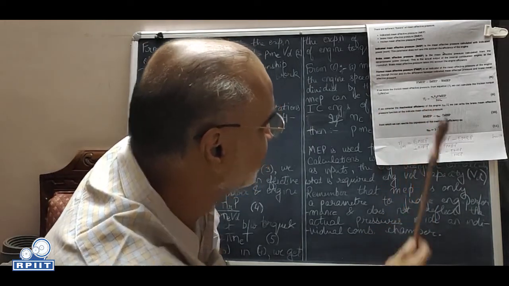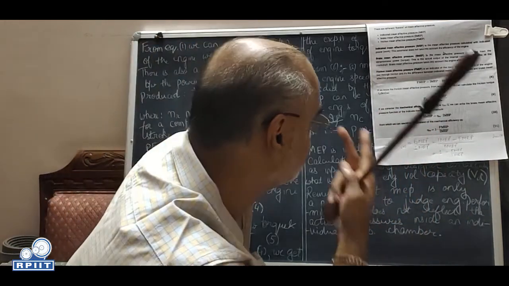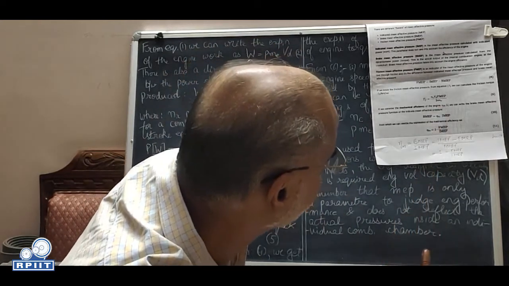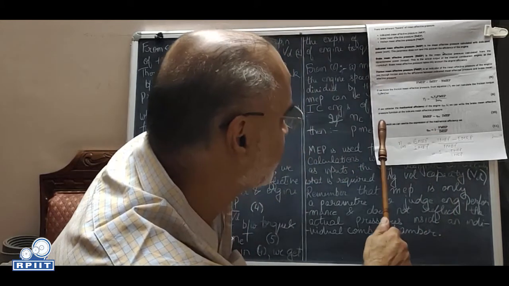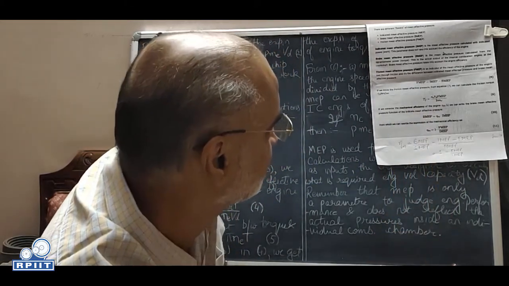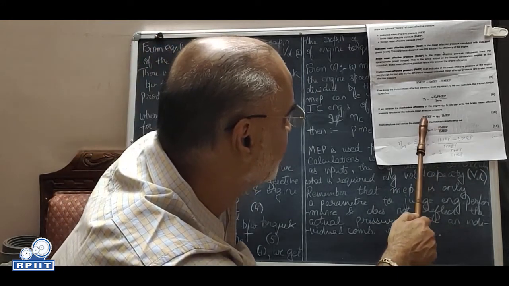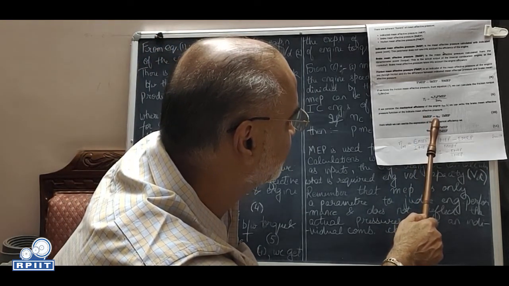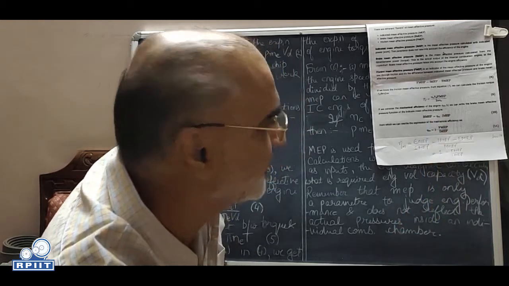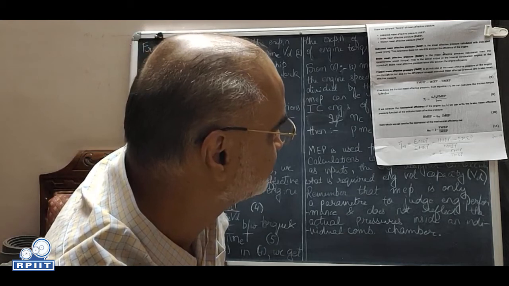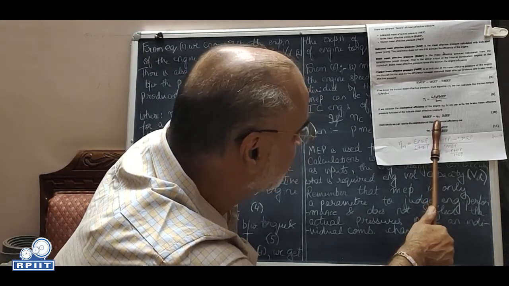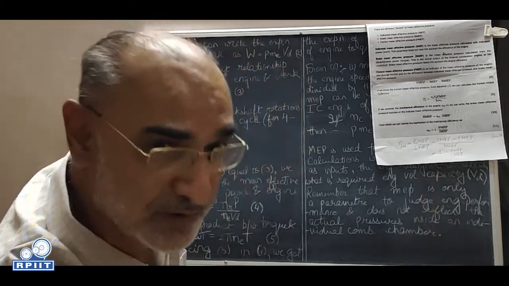If we consider the mechanical efficiency of the engine, nM, we can write the brake mean effective pressure as a function of the indicated mean effective pressure. That is, BMEP is equal to mechanical efficiency into indicated mean effective pressure.